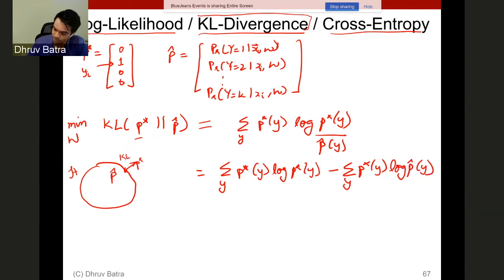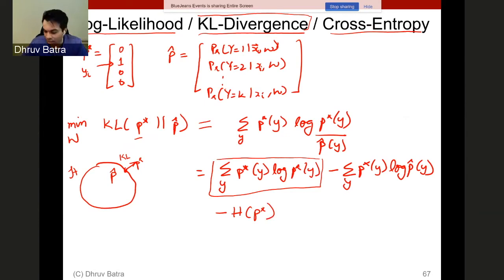Okay. Now, just to make sure everybody's still with me, somebody want to tell me what this first term is? Does this remind you of something? So this is the negative entropy of p star, the first term. What about the second term right here?